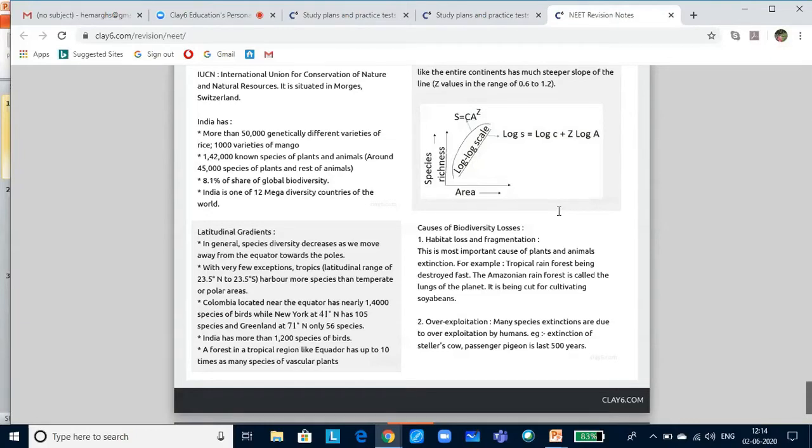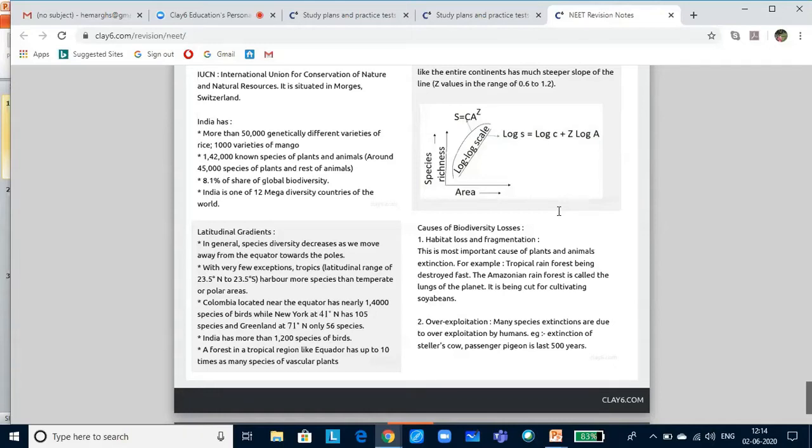When large habitats are broken into small fragments due to various human activities, mammals and birds requiring large territories and certain animals with migratory habits are badly affected, leading to a decline in their population. Second, over-exploitation. Many species are becoming extinct due to over-exploitation by humans.